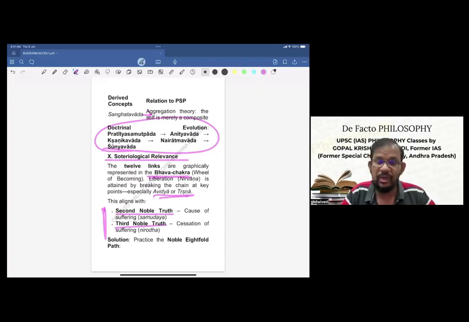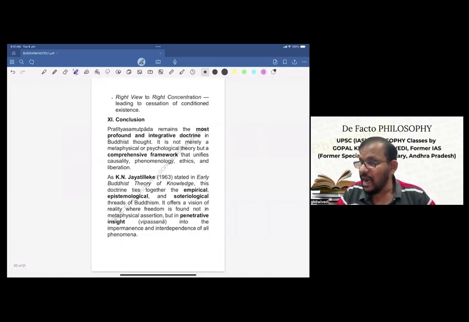As I already told, Pratityasamutpada has soteriological relevance, because it also states in a way the second and third noble truths. Now, what is the solution for obtaining this? Practice the noble eightfold path. So that is again how to obtain liberation. Right view to right concentration, leading to the cessation of conditioned existence.